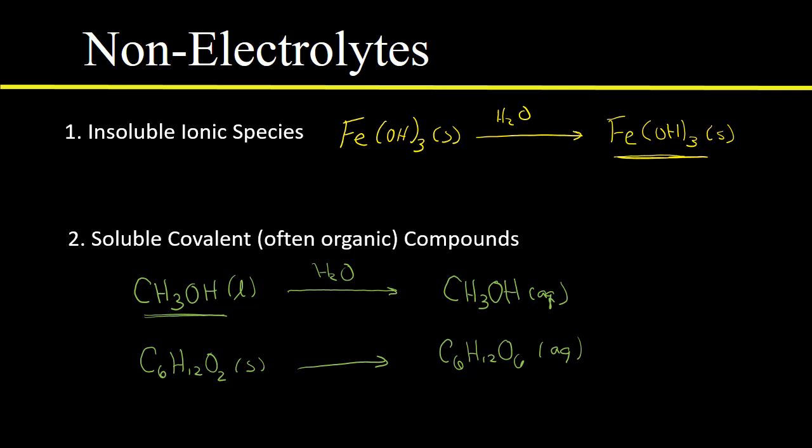So I would just look for this combination of carbon, hydrogen, and oxygen. Basically, if you remember the list of ions that we had to remember a little while back, if you don't see any of those ions in here, then it's a covalent compound. Okay, and if it's soluble, it's going to be a non-electrolyte. It dissolves, but it doesn't produce ions.